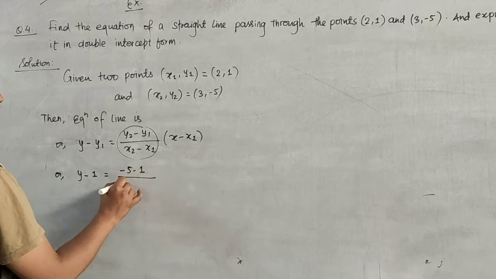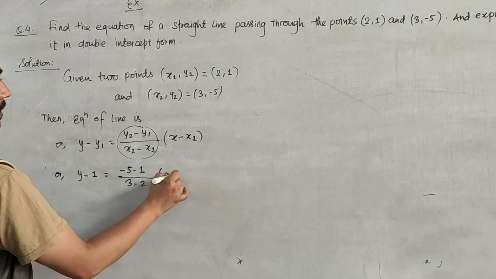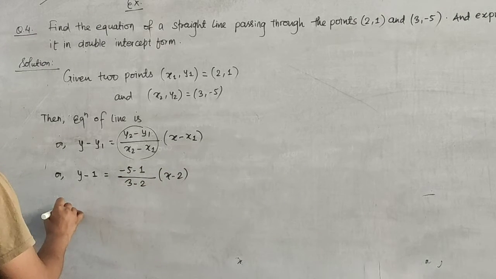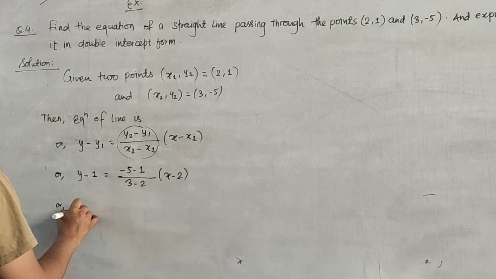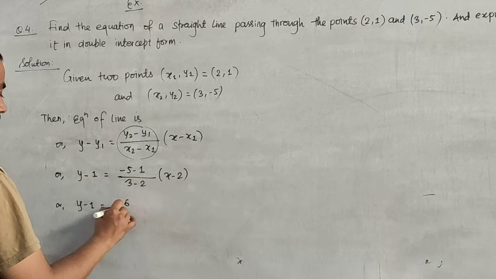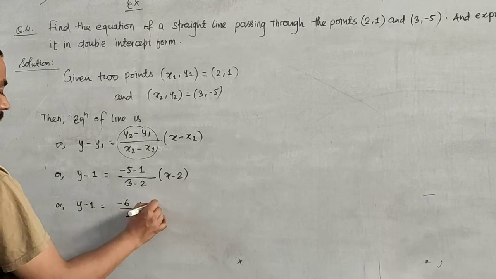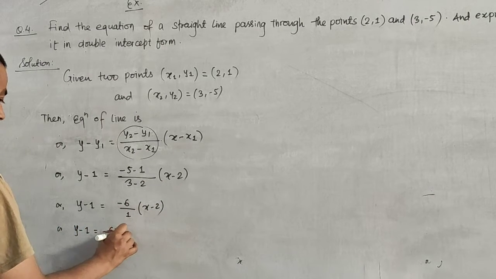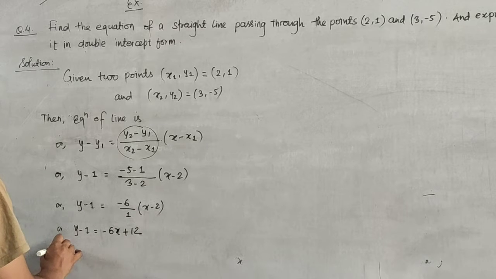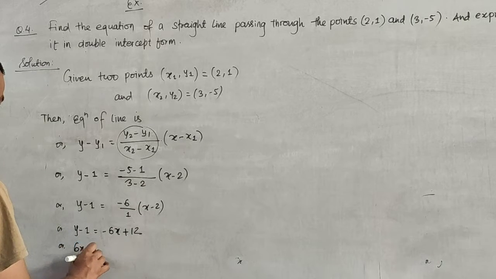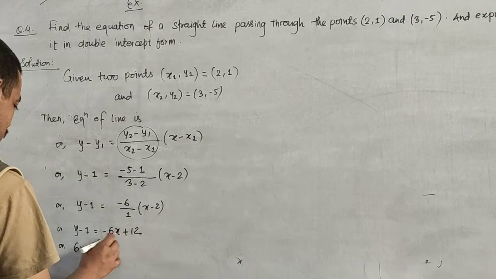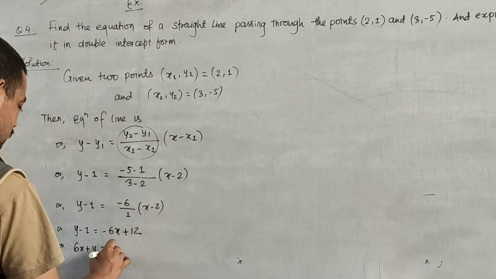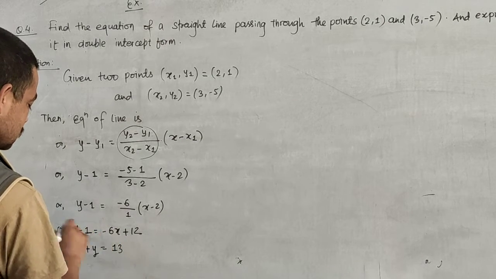y minus 1 equals -5 minus 1 upon 3 minus 2 times x minus 2. So y minus 1 equals -6 times x minus 2, which is -6x plus 12, so 6x plus y equals 13.